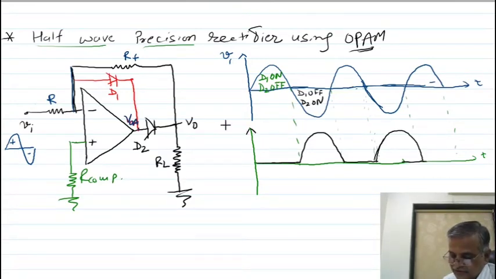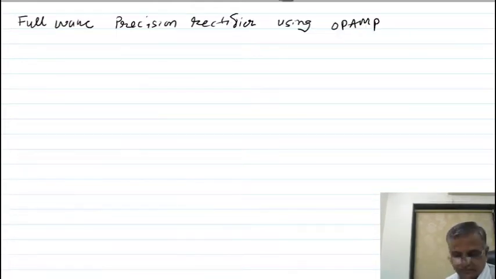Here I have to mention this output VO, or you can write it as VRL. It is one and the same. Now let us discuss the next circuit.